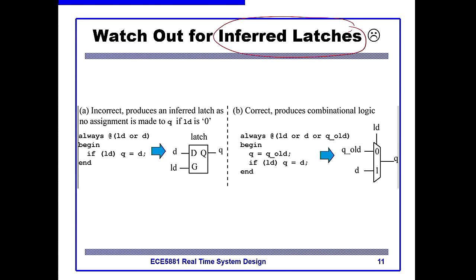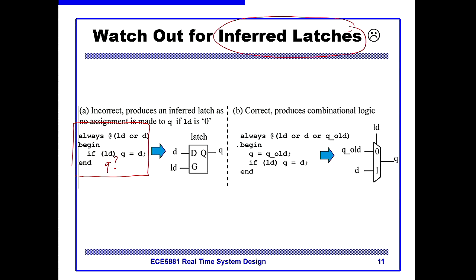So we're trying to generate combinational logic where the output depends only on the current inputs. So if you look at this always block here, if the value of load is 0, then you note that Q does not get updated. So when load is equal to 0, we don't actually change the value of Q because there's nothing specifying what happens to the Q value.